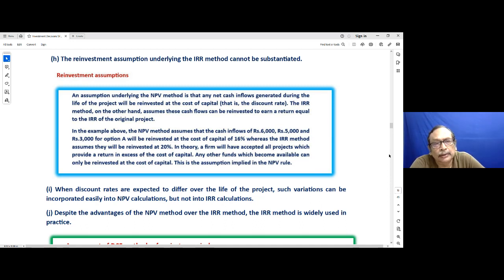The IRR method, on the other hand, assumes these cash flows can be reinvested to earn a return equal to the IRR of the original project.